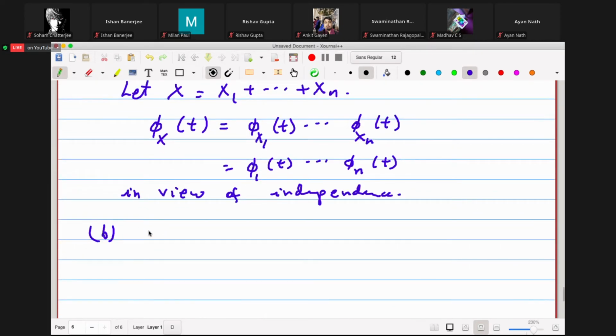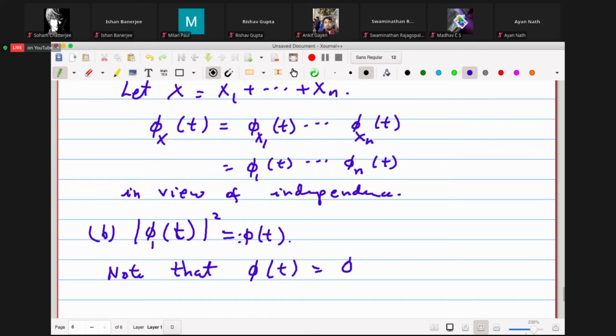So the same problem, mod phi1, let me say this. So this is our phi of t. I should have written that first. So in this case, how do you find it? So note that phi of t is equal to phi1 of t times phi1 of t bar.